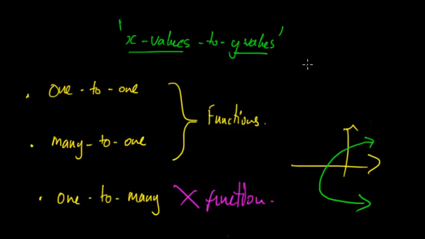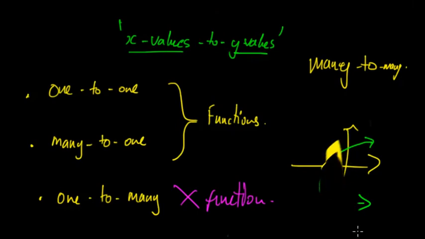And then the last one is many to many, and that's when it doesn't pass either, but rather has one x value to many y values, and also one y value to many x values. Probably the most typical example for this one is a circle.